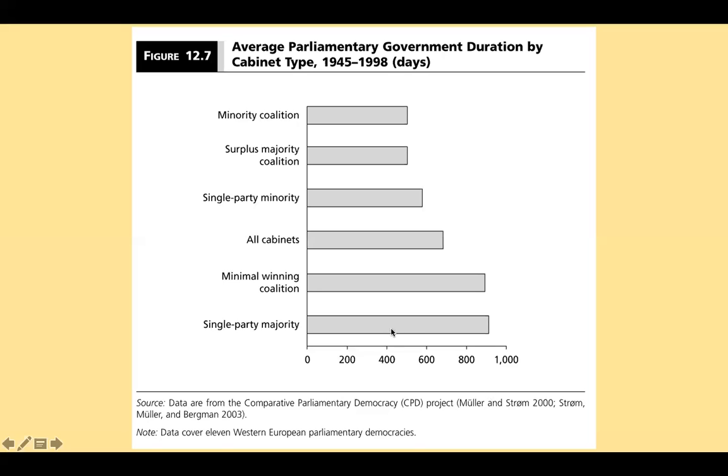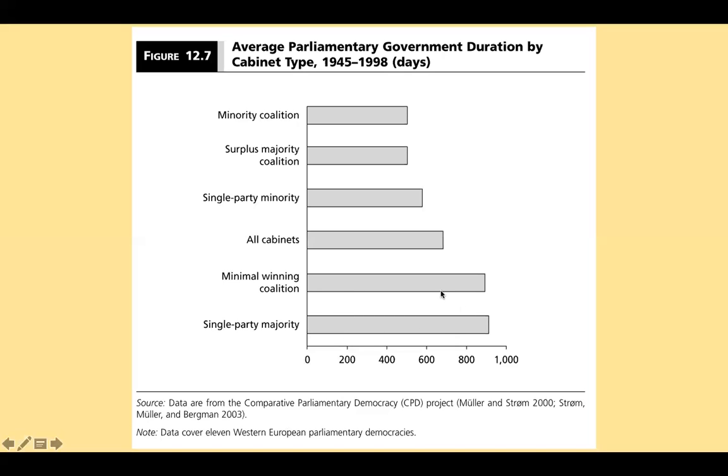And as a result, there's going to be much more cooperation, and that relationship between the legislature and the government will be much more durable. Consequently, unsurprisingly, in these cases, on average, the government lasts about 900 days. That's almost 3 years. That's a long time. The governments that survive the longest are the ones that are built on a single party majority.